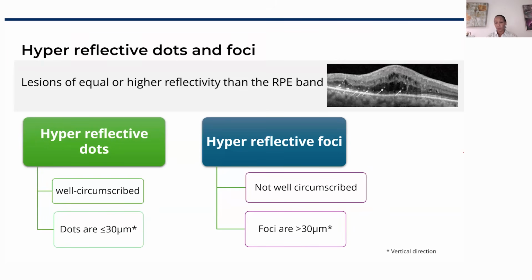The hyperreflective dots are well circumscribed, and they're usually less than or equal to 30 micrometers in the vertical direction. The hyperreflective foci are not well circumscribed, and they're usually greater than 30 micrometers in size in the vertical direction. These are little things that you'll notice in the OCT, and these are what we call hyperreflective dots and foci.